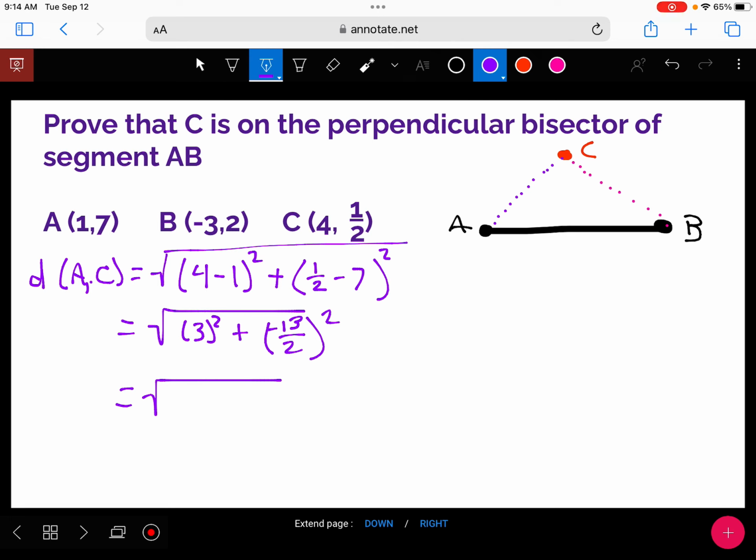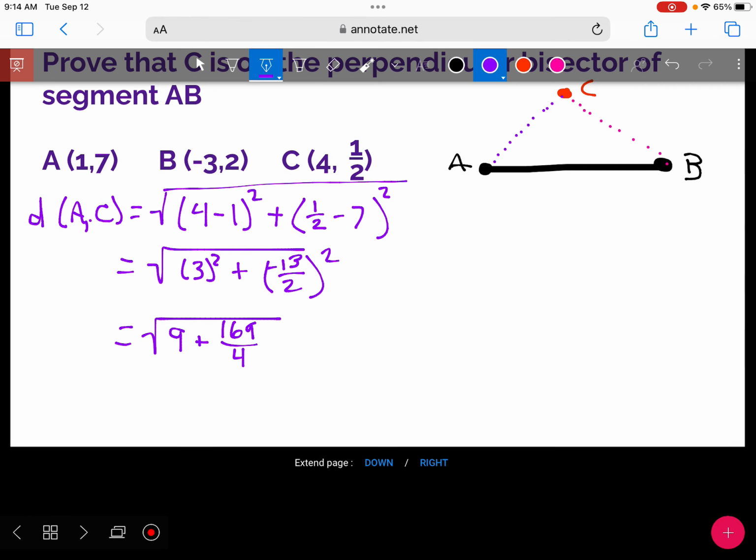So 3 squared gives us 9 plus 13 squared. What's 13 squared? 169 over 2 squared. Nine plus 169 over 4. What's 9 in terms of fours?